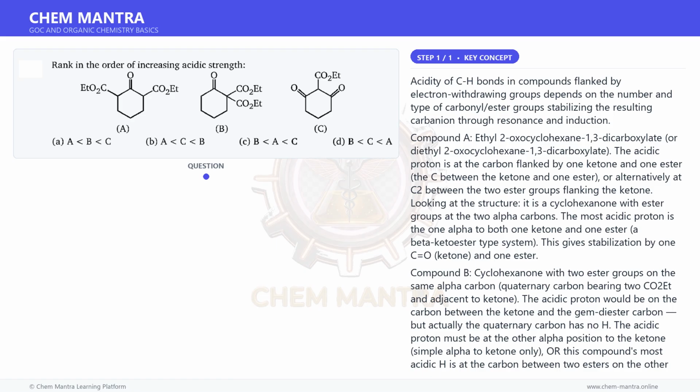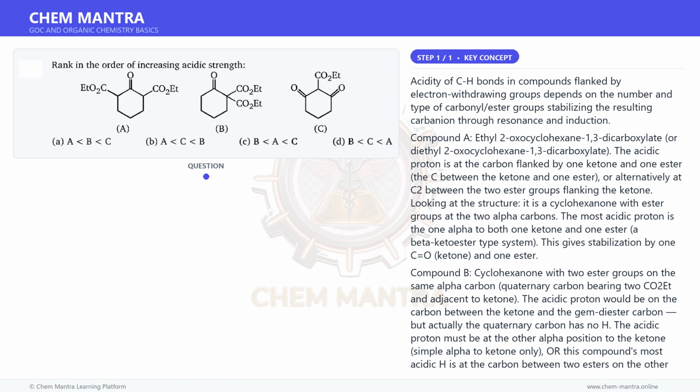Since the gem-diester carbon is quaternary, with no H, the acidic proton available is only alpha to the ketone on the other side, simple monoactivated. This makes B the least acidic.